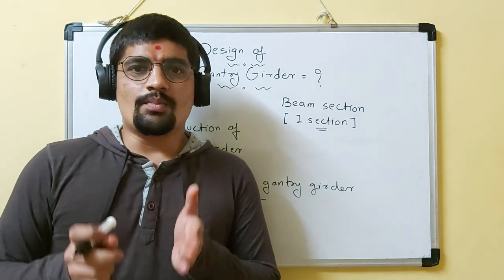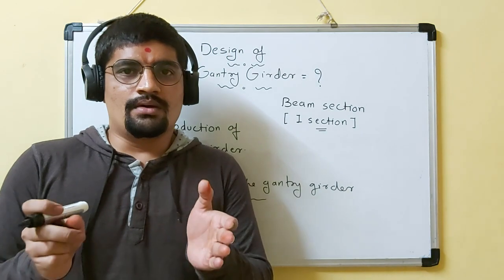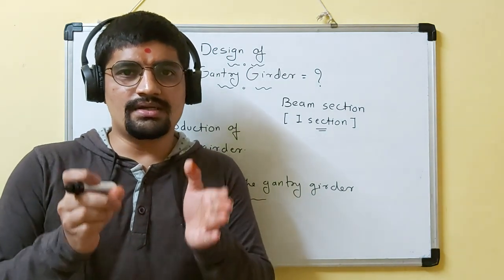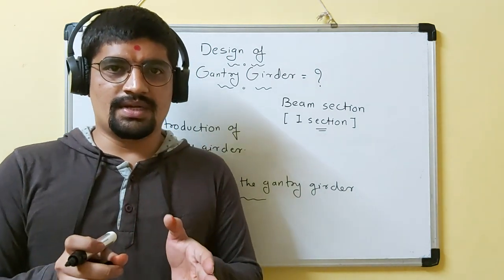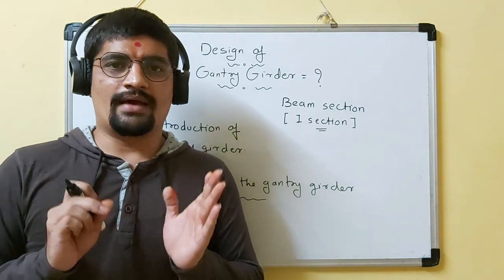The main aim of gantry girder is to support the crane girder on which the hook is hanged to lift the heavy weight.